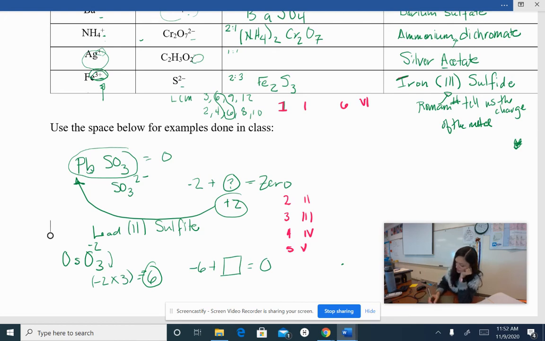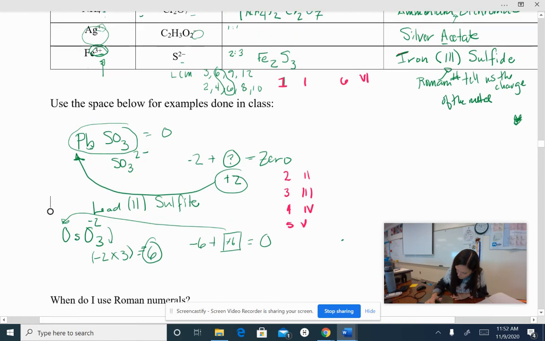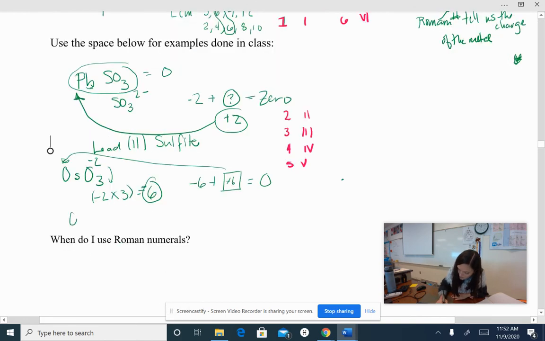Hopefully you said +6. So that means this osmium has to be a +6. So when we write that, we're going to say osmium(VI) oxide.